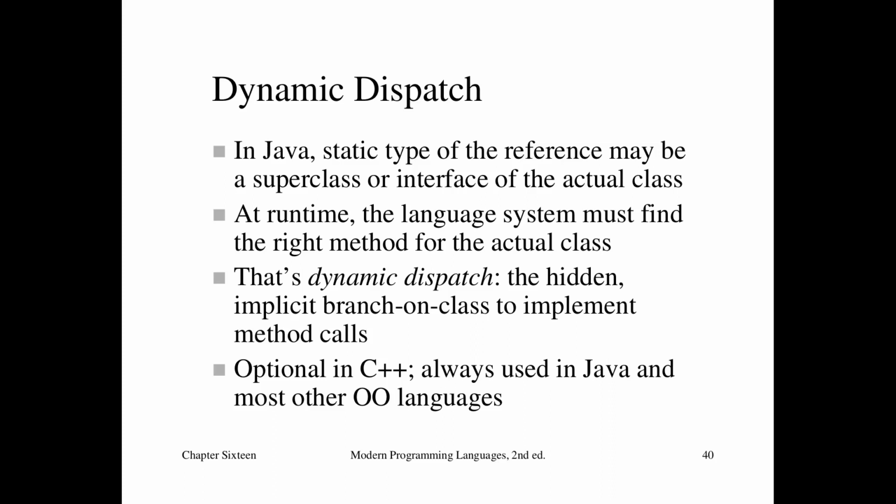And so at runtime, the language system finds the right method for the actual class, the actual implementation. What it's doing is what's called dynamic dispatch, which is the same kind of construct as branch on class. So it looks at the actual specific class type of that drawable, and then makes the right call as necessary.